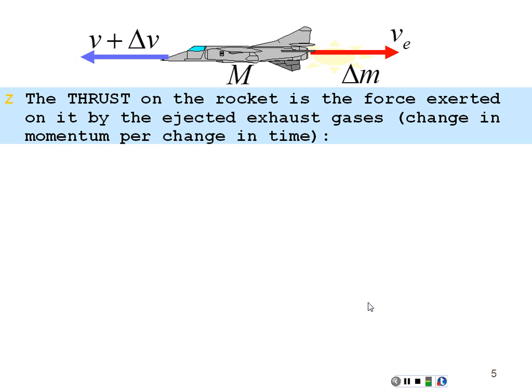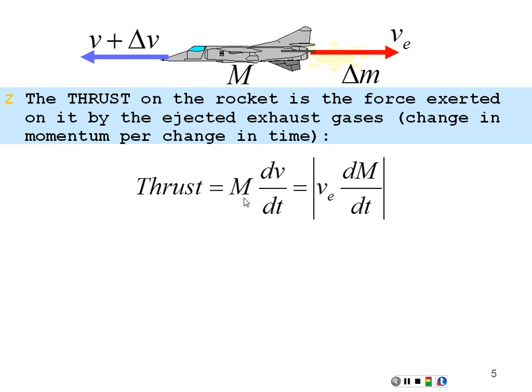The thrust will be this momentum of the exhaust per time. So it's the force exerted on it by the exhaust gases, and that will be the momentum per time. The thrust, the mass times the acceleration of the rocket, is equal to the velocity of the exhaust gases times the change in mass per time.